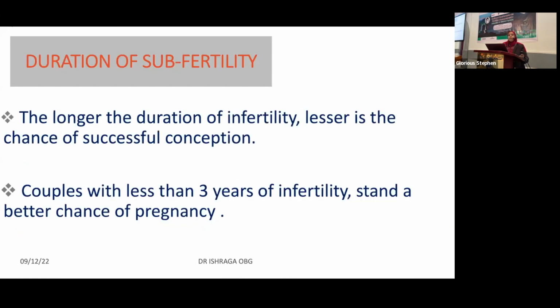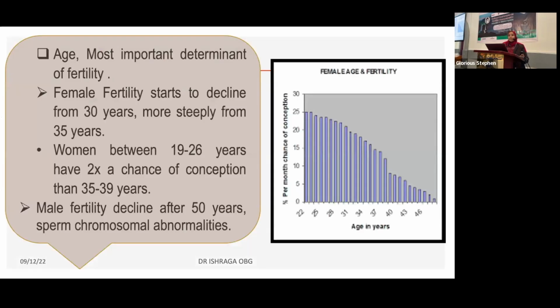The longer the duration of infertility, the lesser the chance of successful conception. Couples with less than 3 years of infertility stand a better chance of pregnancy. Coming to age, it is the most important determinant of fertility, especially in the female partner.